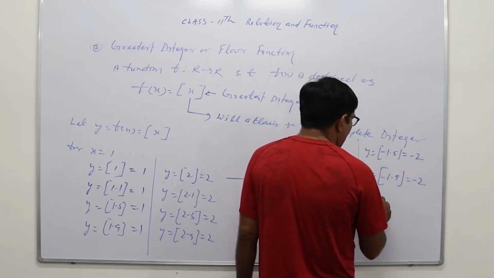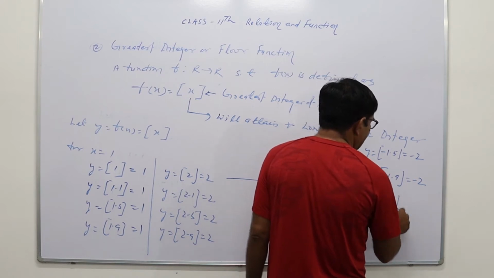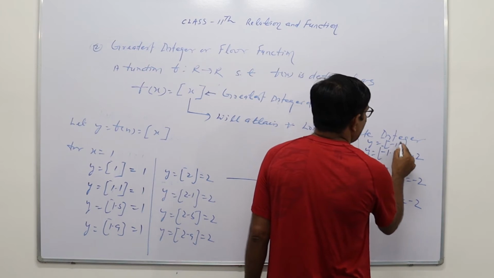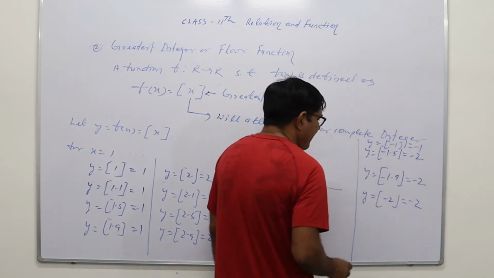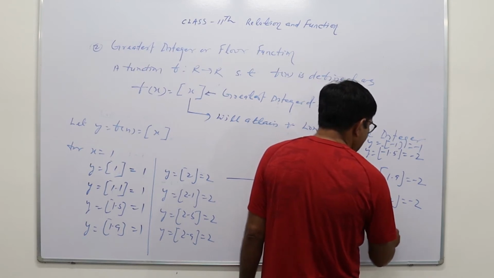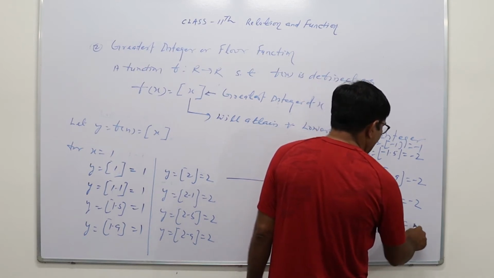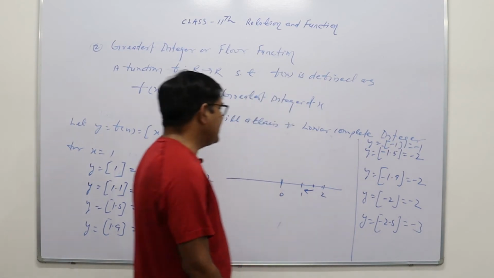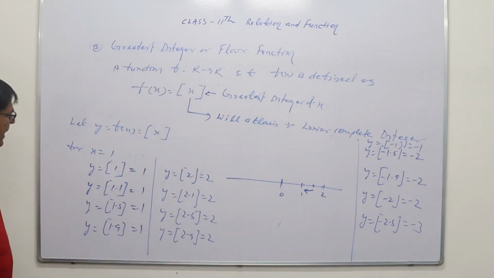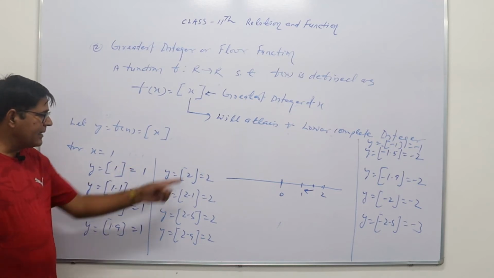The greatest integer of minus 2 will be itself, minus 2. The greatest integer of minus 1 will be equal to minus 1. And the greatest integer of minus 2.5 will be equal to minus 3. So these are some domain elements, and for this domain the greatest integer will be of this type.